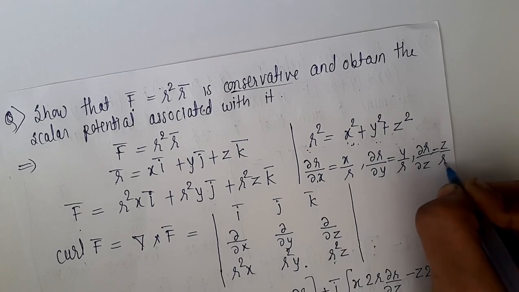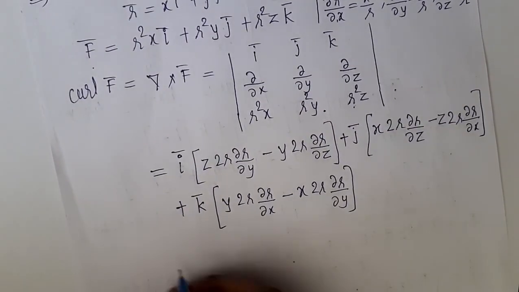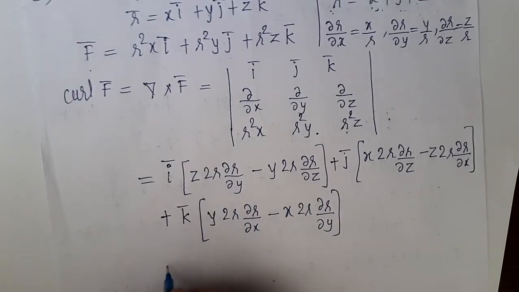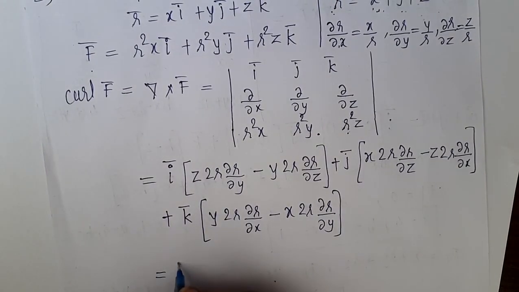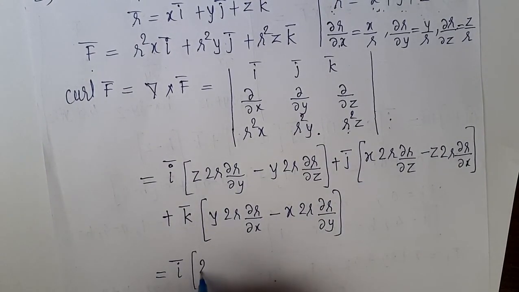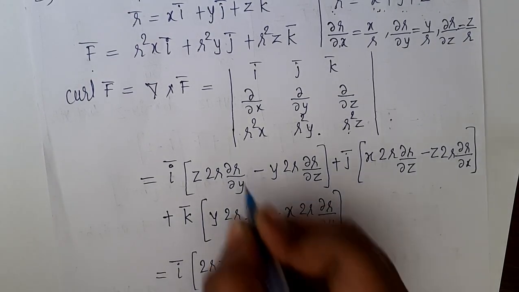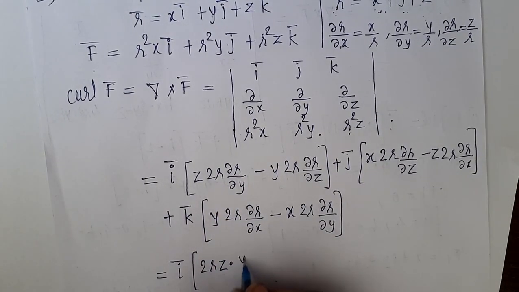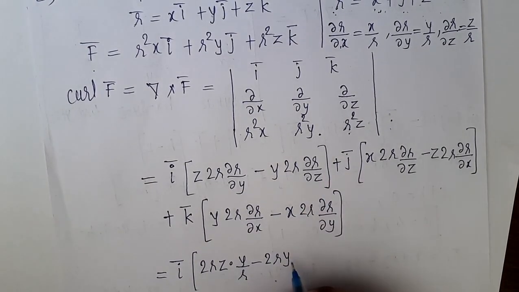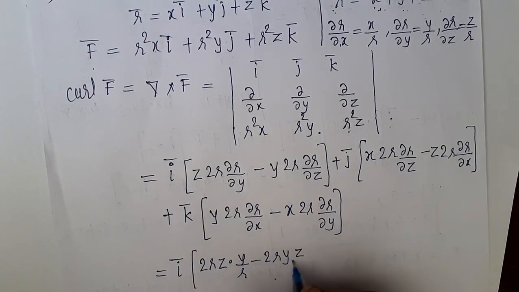So substitute these values here. It is equal to i times 2rz multiplied by del r by del y, which is y by r, minus 2ry del r by del z. Del r by del z is z by r.